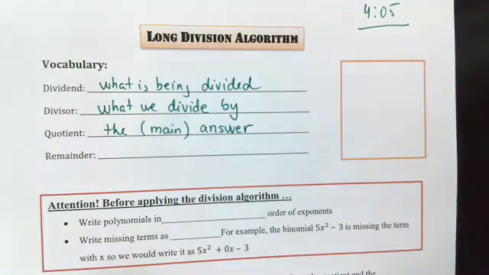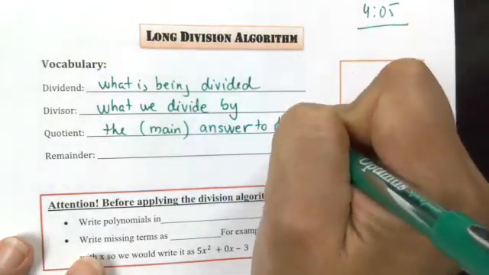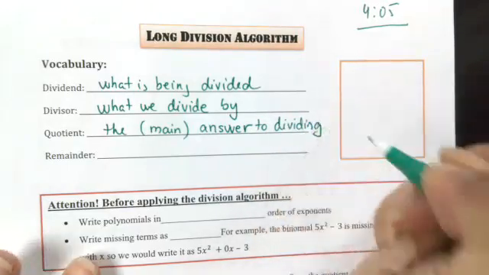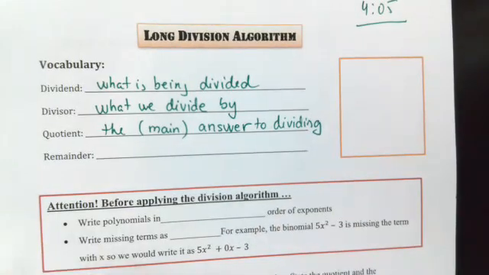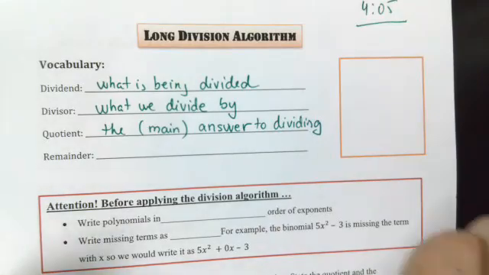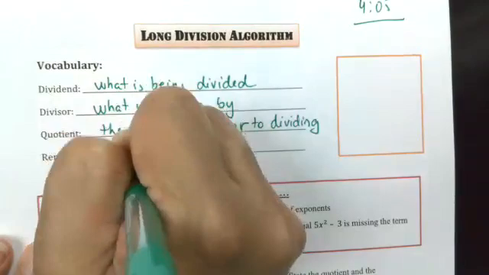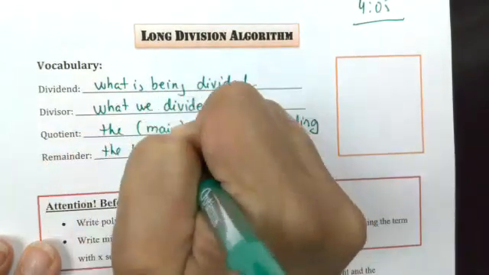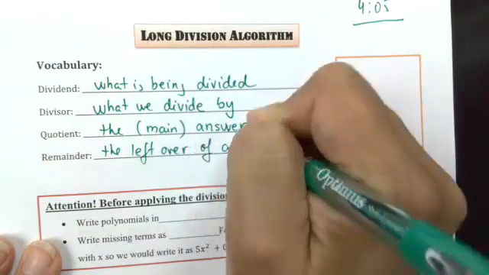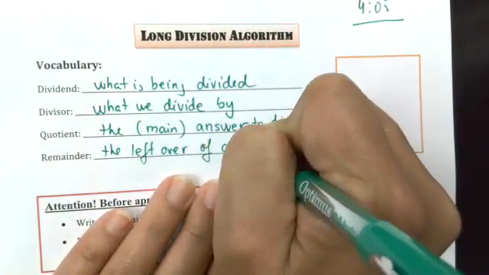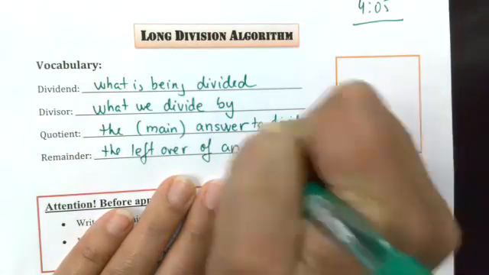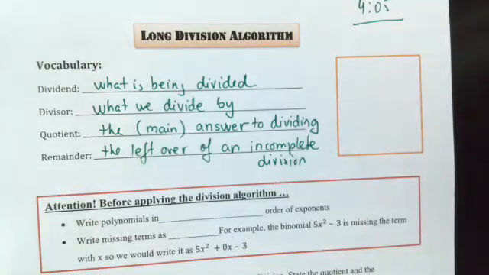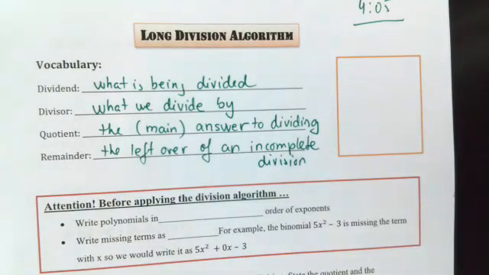And remainder is what is left when a division is not, let's call it perfect, not complete. The leftover of an incomplete or not perfect division.